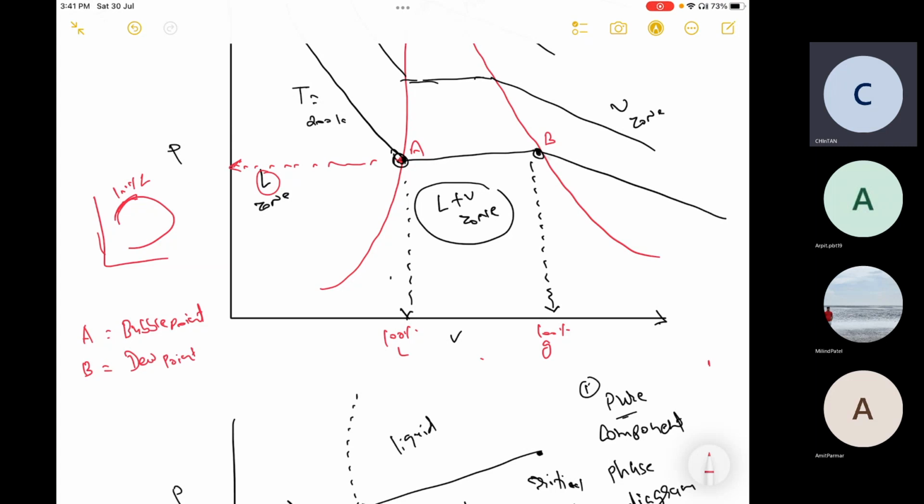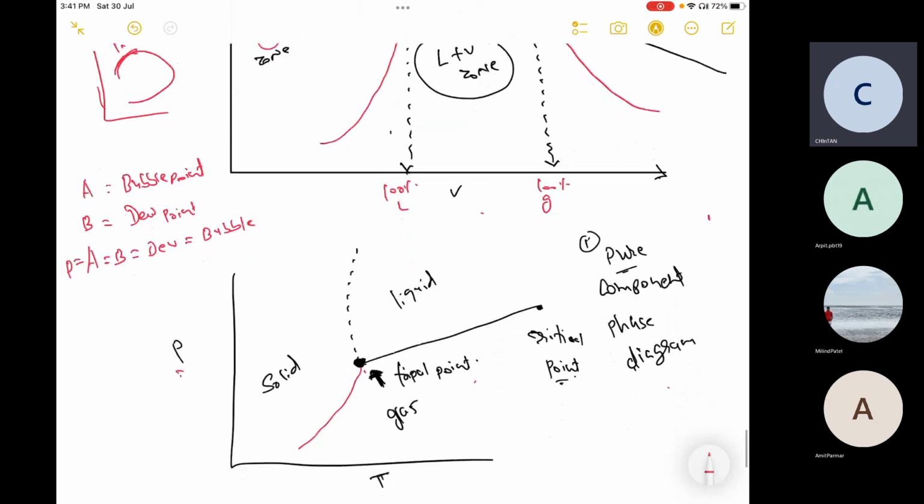But you can observe one thing: the dew point and bubble point pressures are equal. Whenever you have a single component, at constant temperature, converting any liquid to gas happens at a single point.